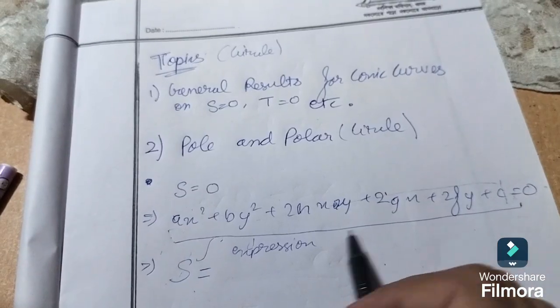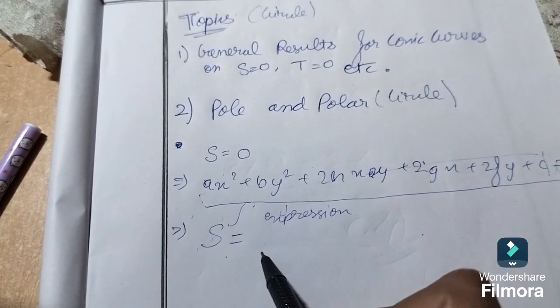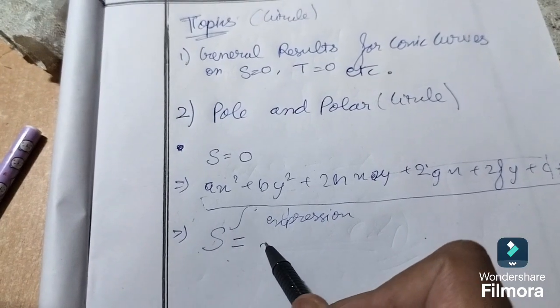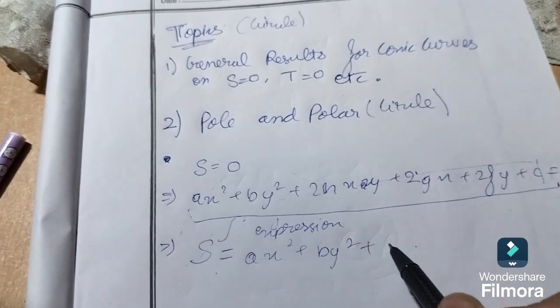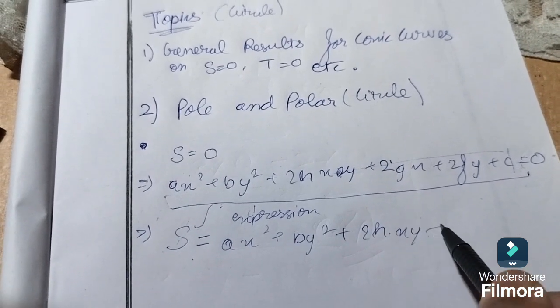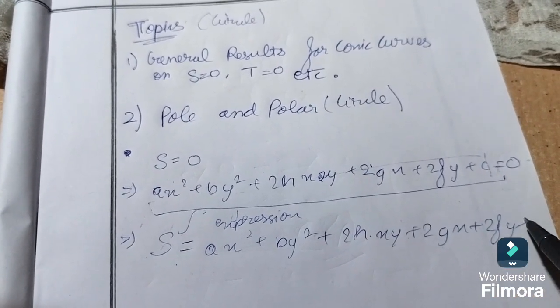Equal to 0 becomes an equation. So S is equal to ax square plus by square plus 2hxy plus 2gx plus 2fy plus c.